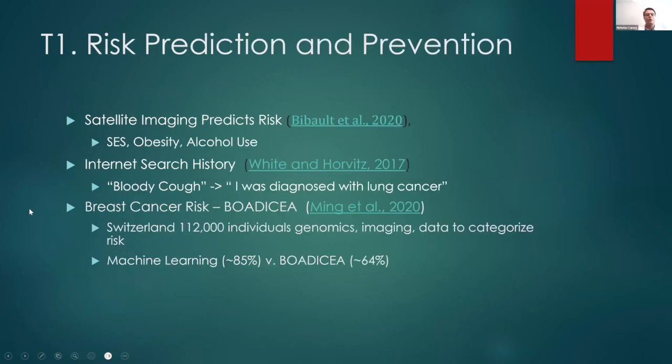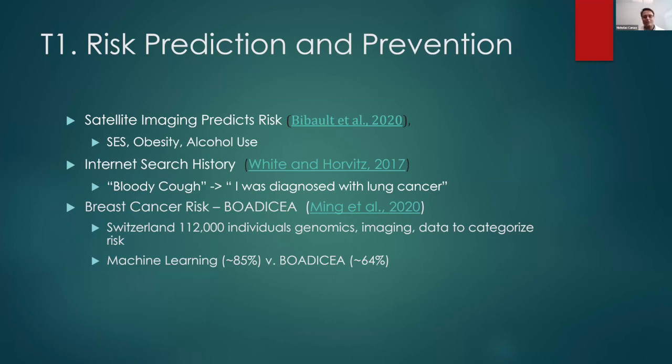So when we're talking about risk prediction and prevention, these are all studies that have been published on how we're using artificial intelligence or deep learning. You can use deep learning on satellite imaging data to predict the risk of cancer. It does that because geographic data is related to socioeconomic status, obesity, and alcohol use, which are a few criteria that help it predict cancer risk along with satellite data.